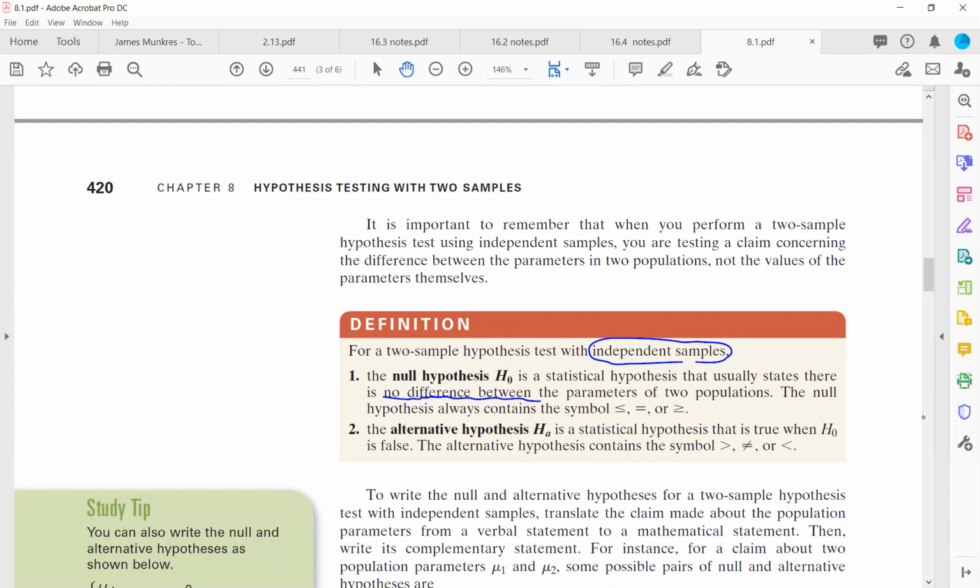The null hypothesis can be written as less than or equal to, exactly equal to, or greater than or equal to. Again, when it comes to the null hypothesis, you must have equality. If you don't have equality, it means that you have your alternative hypothesis. An alternative hypothesis, H sub A, says there is a difference between those two population parameters.